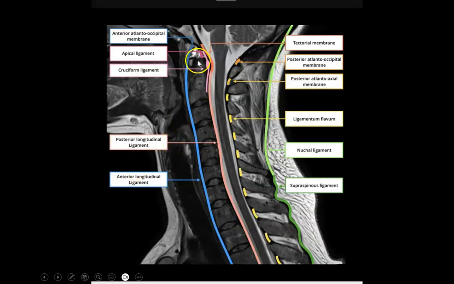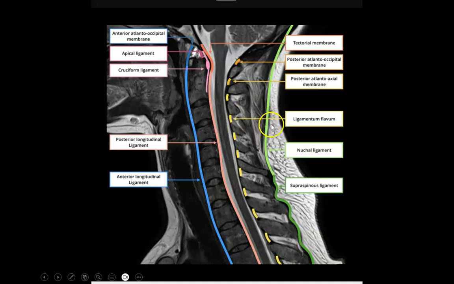So you have a sagittal view of a cervical vertebra, and the ligament in front of the vertebral bodies is the anterior longitudinal ligament. Behind the vertebral bodies and disc is the posterior longitudinal ligament, and posteriorly ligamentum flavum is between the upper border of the lamina below to the upper third of the anterior surface of the lamina above.